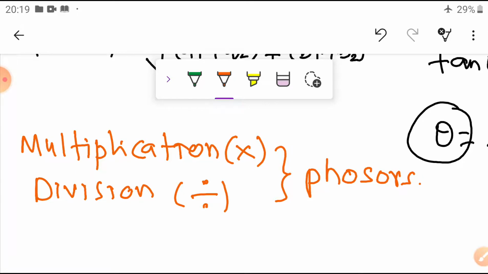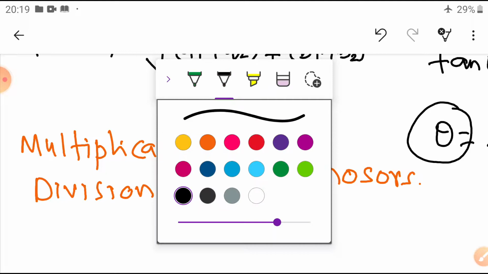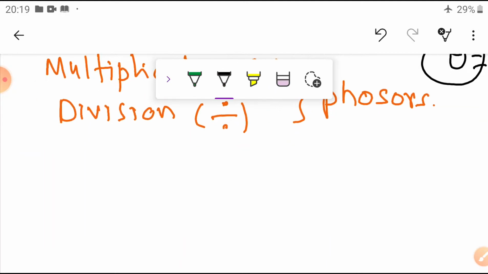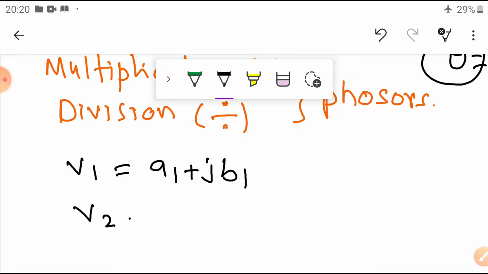Okay. Let us take one example of phasors. Now, we take V1 is equal to A1 plus j B1 in rectangular form, and V2 we take as A2 minus j B2, such that two vectors are given.